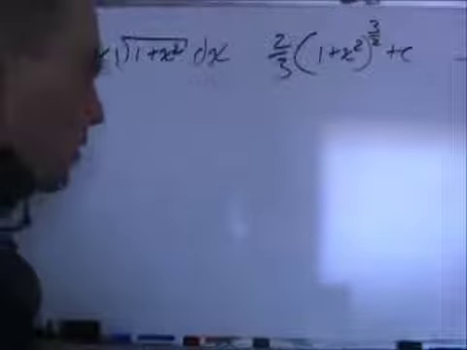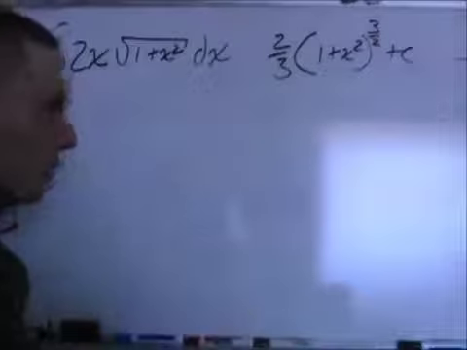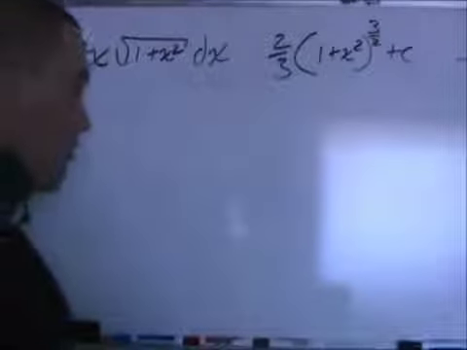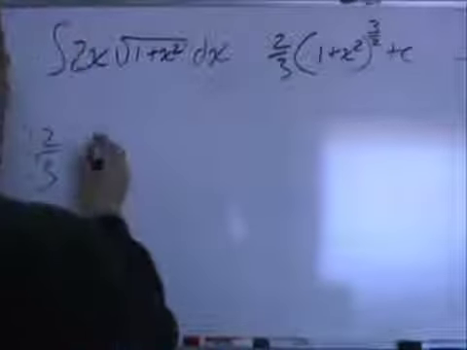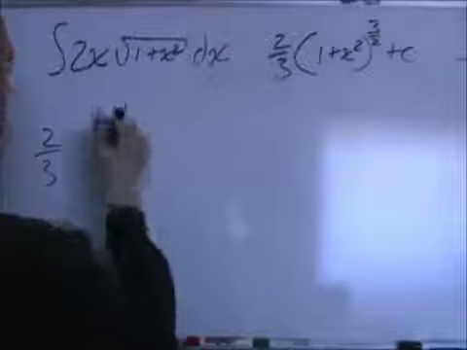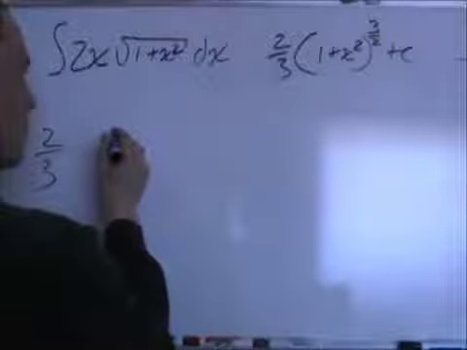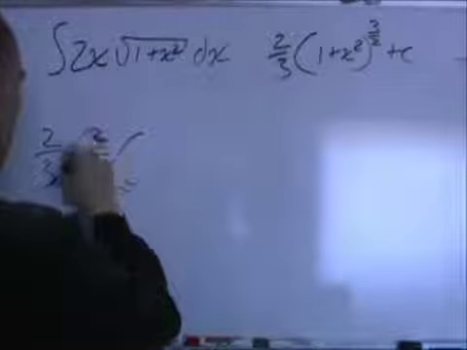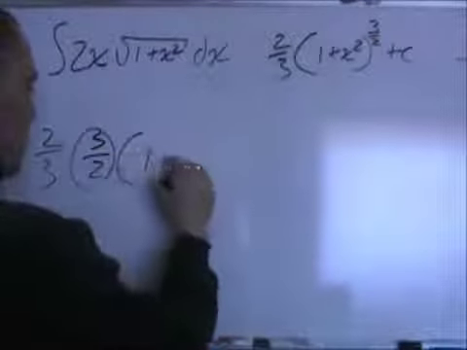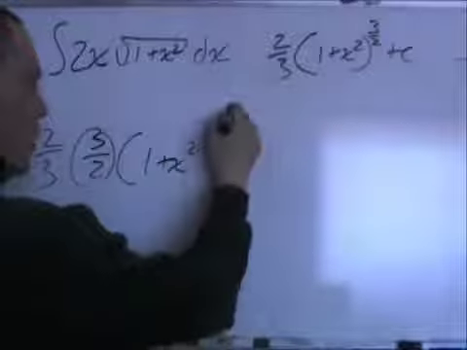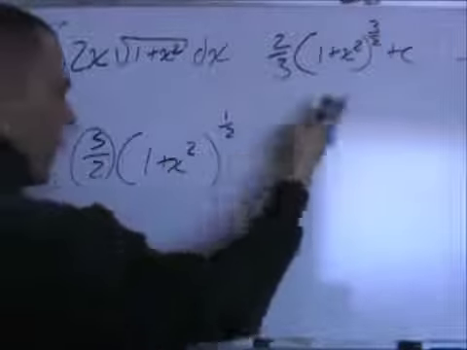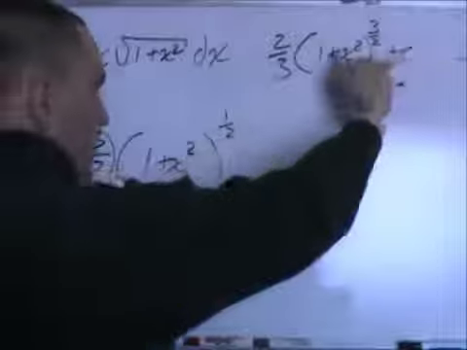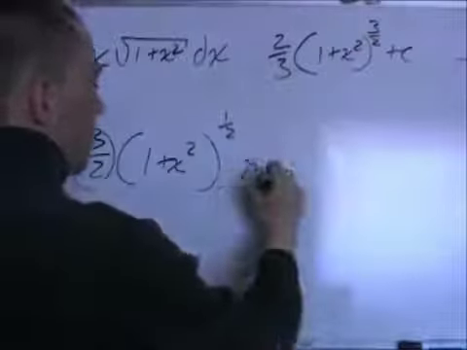So the derivative of the outer function evaluated at the inner times the derivative of the inner function. Okie dokie. So that's going to give me evaluated at the inner, 1 plus x squared to the 1/2. And that derivative just goes away, but we need to do 2x.